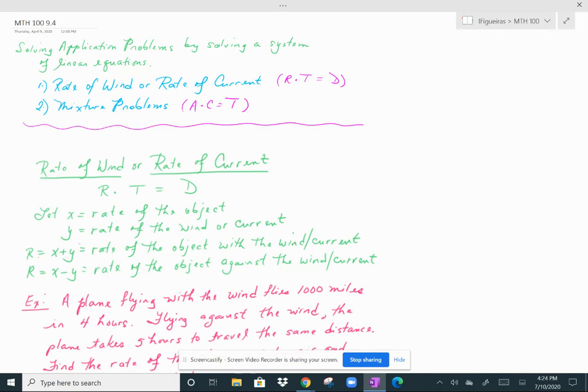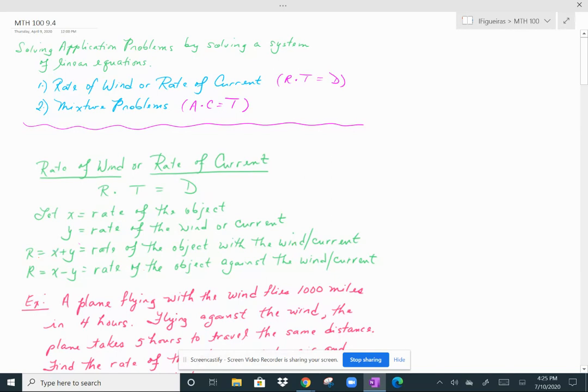So if we let x be the rate of the object, whether it's a plane or a boat, etc., the y is going to be either the wind or the current. So traveling with the wind or current, you're going to be adding these two variables. Your rate will be x plus y when the object is going with the wind or the current.